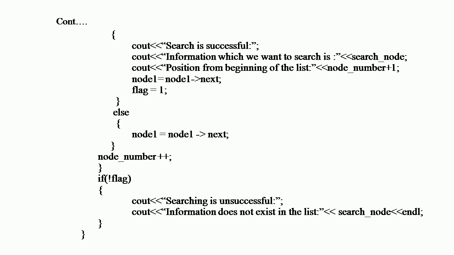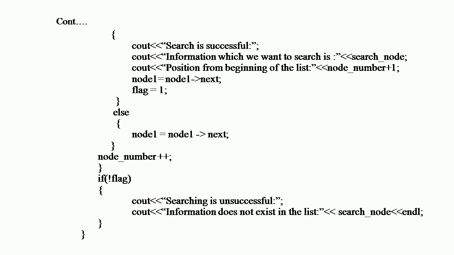node_number plus, curly braces close. If not flag, here we are under the conclusion. What if you are not flag, in case that element is not found, if not flag, cout searching is unsuccessful.